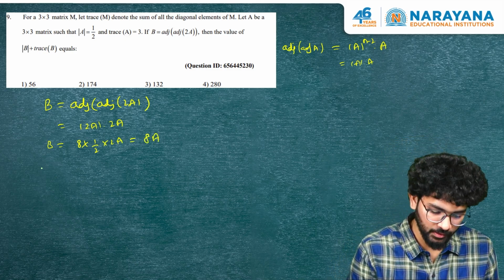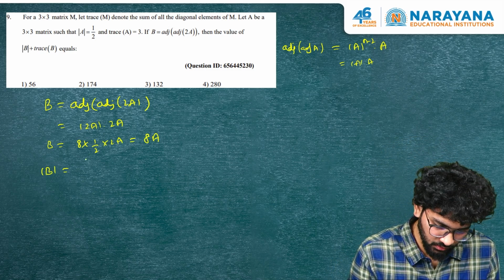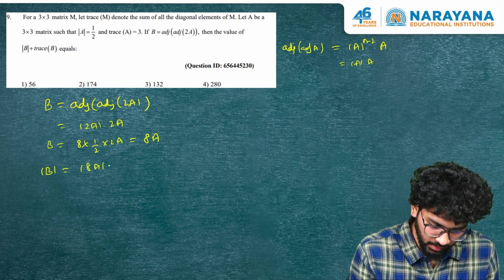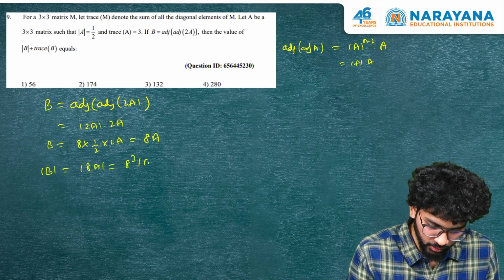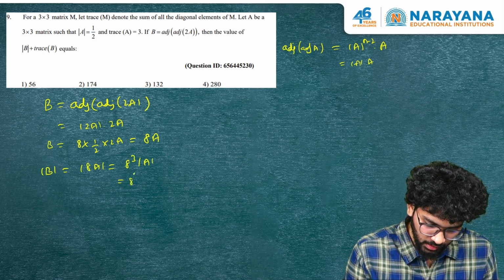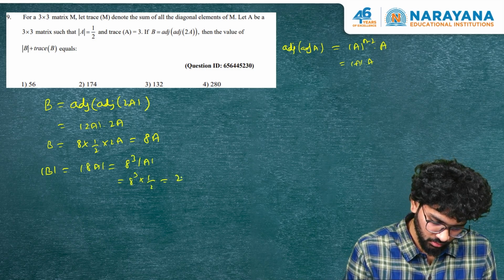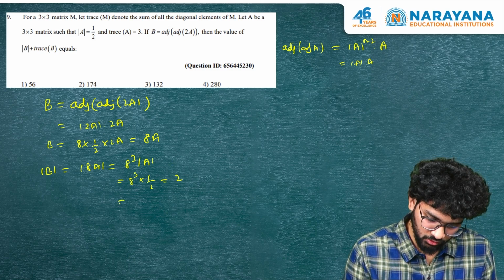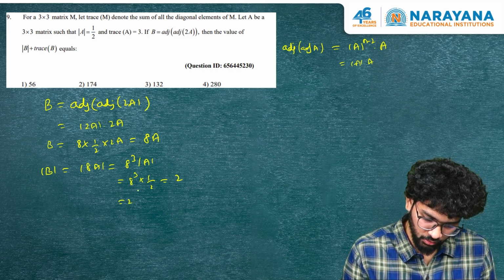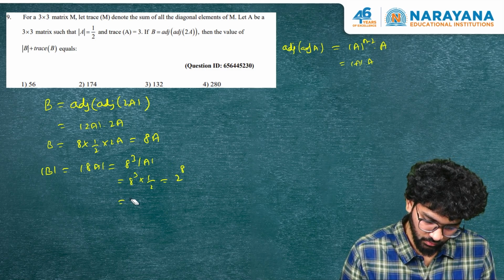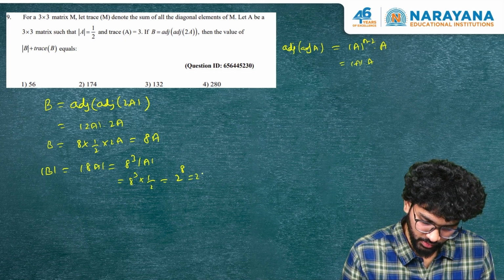Now he is asking det B. So det B will be equal to determinant of 8A, which is 8 cube into det A, 8 cube into 1 by 2. This is 2 power 9 by 2, 2 power 8. 2 power 8 is 256.